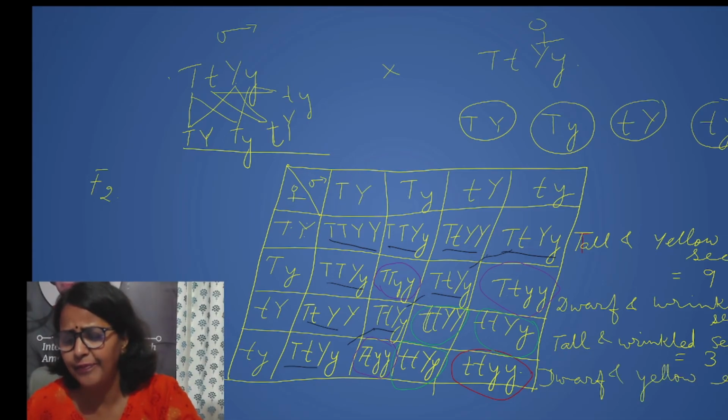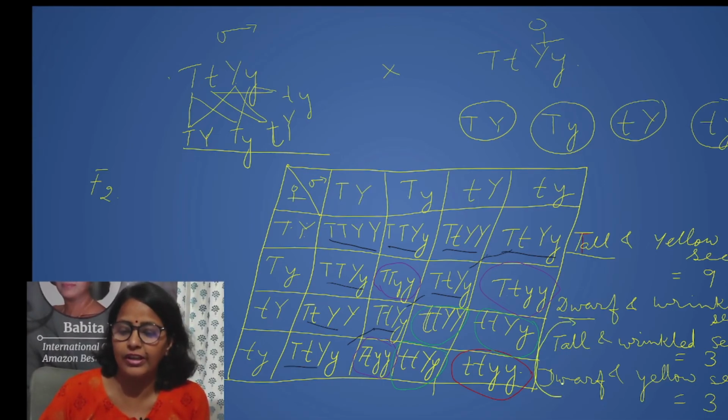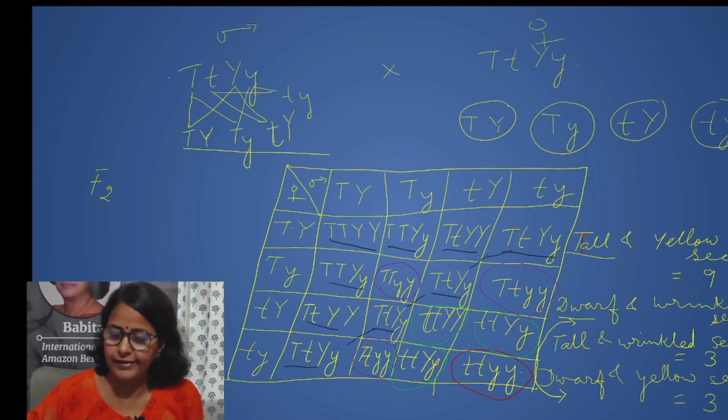How many? That is also 3. So we started with tall and yellow seeds and dwarf and wrinkled seeds, but we got 2 new characters when we saw the F2 generation. What does it say? Even if we are considering 2 characters, so what is the ratio?